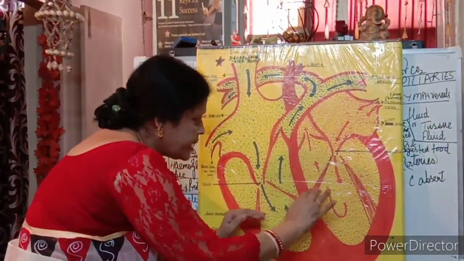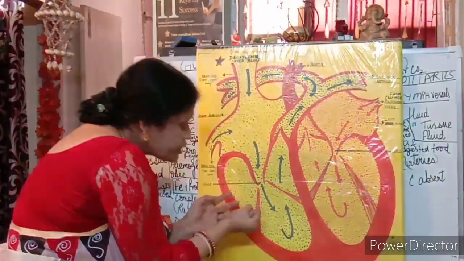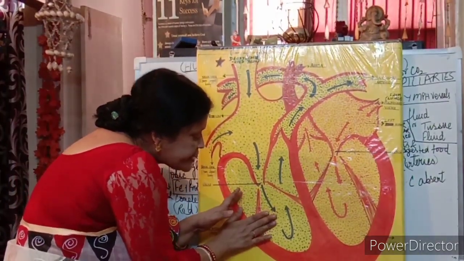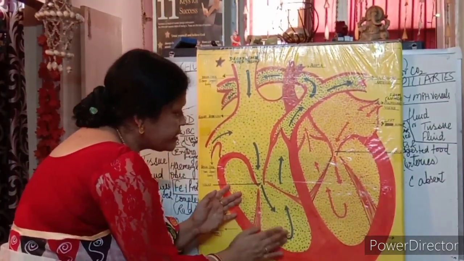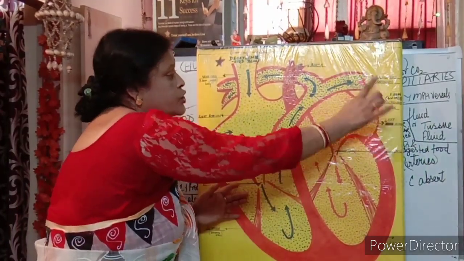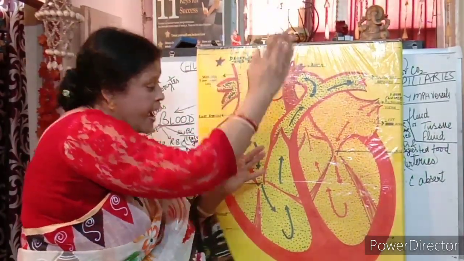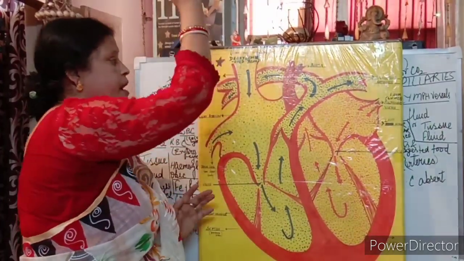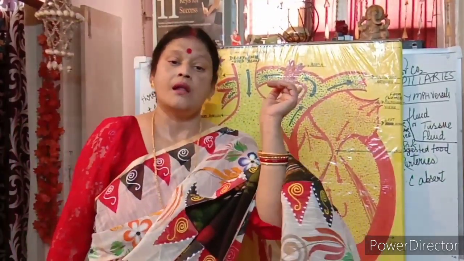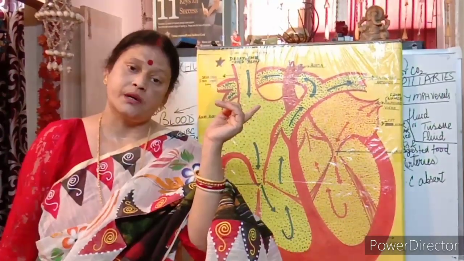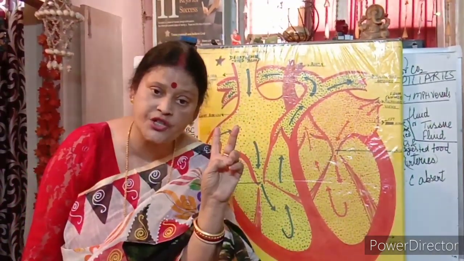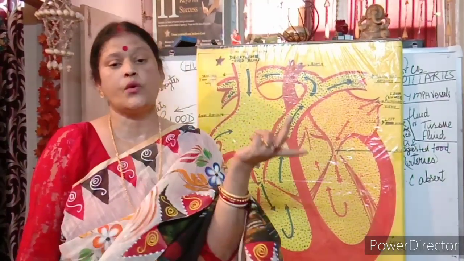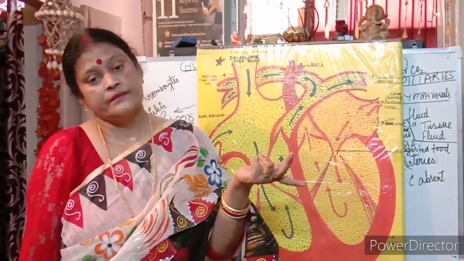Now, when the blood is here, the heart contracts. Due to the contraction, the deoxygenated blood from right ventricle rushes to the lungs through pulmonary artery. And the oxygenated blood from left ventricle rushes to different parts of the body through a large vessel called aorta. Since the circulation takes place twice, it is known as double circulation.